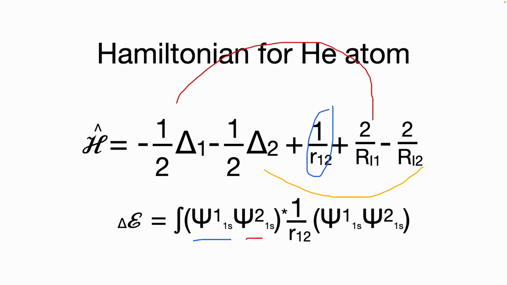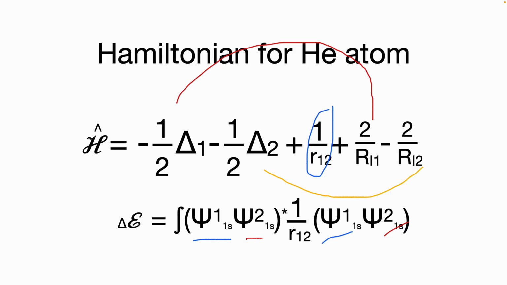That is just a product of the eigenfunctions of the component Hamiltonians. And we take its expectation value with the perturbing Hamiltonian, that is the 1 by R12 term.